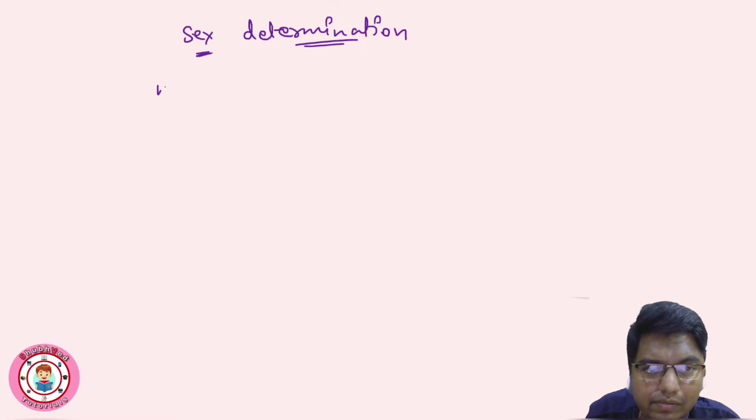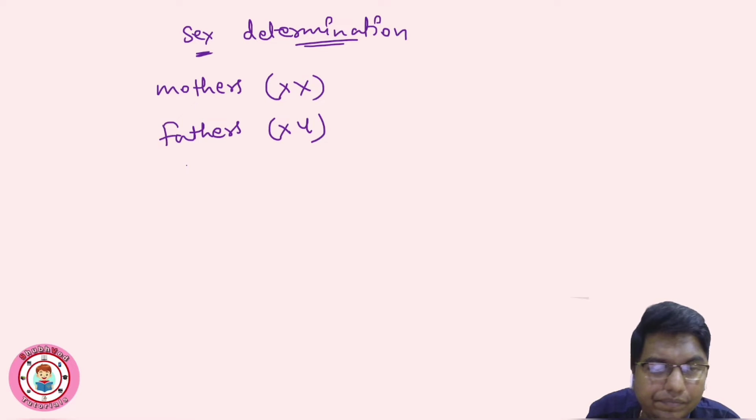See, mothers are XX, right, and fathers are one X, one Y. So the son will always get Y from father and X from mother.